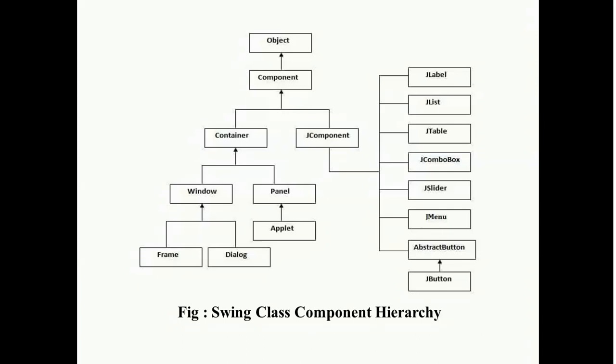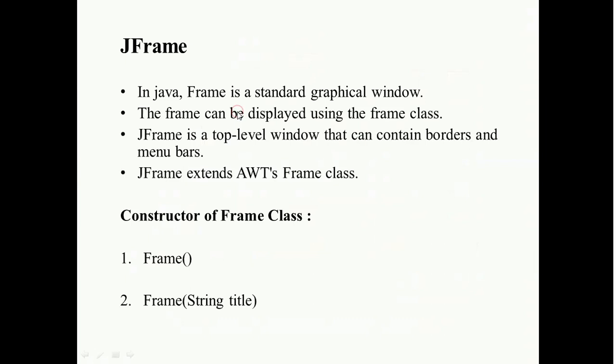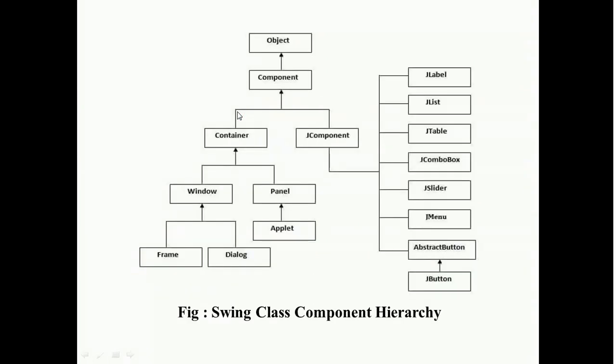Next, see the Swing class component hierarchy. This diagram is the Swing class component hierarchy. See here, these are the components, that is nothing but the Swing components, and all the component names start with the letter J. JComponent is a component class.